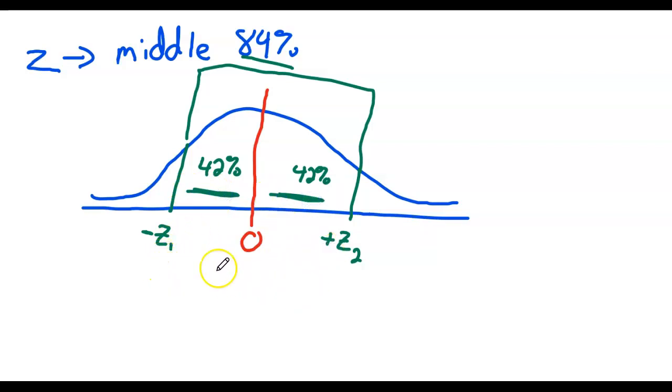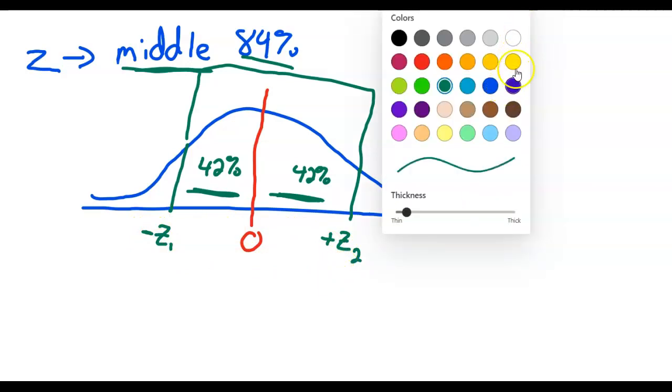So these two z's are going to be the exact same except with the opposite signs. Anytime you want the middle value, you're going to get these z-scores to be the exact same, just with opposite signs.